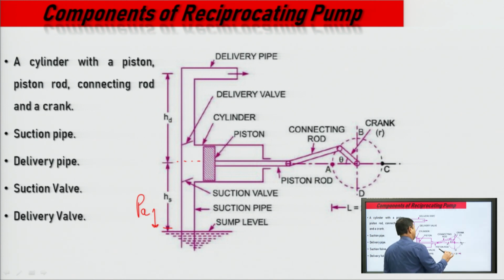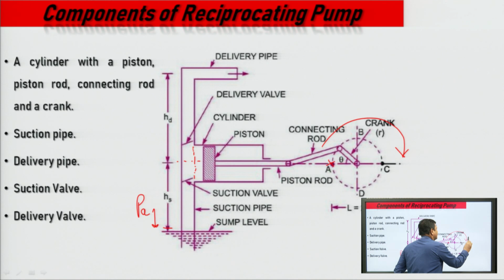What is the function? Initially, the piston is at this position. When the crank moves with angular velocity, the angle theta is initially 0.